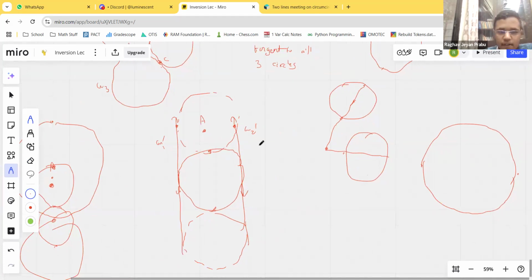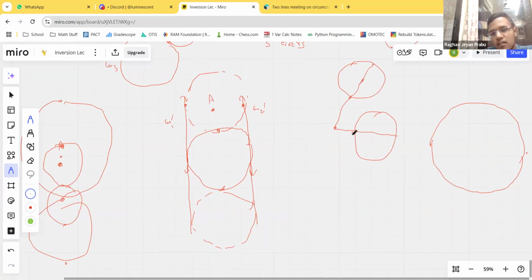Or you can also think of it using the distance formula again. If this was A and B, then A dash B dash would be R square times AB upon CA times CB. So the distances CA and CB matter here.